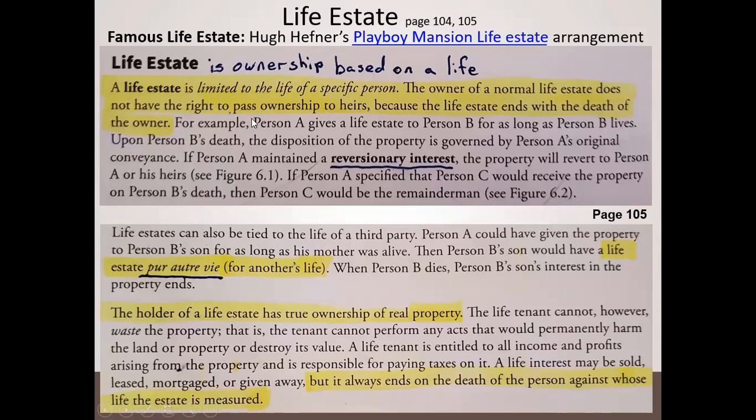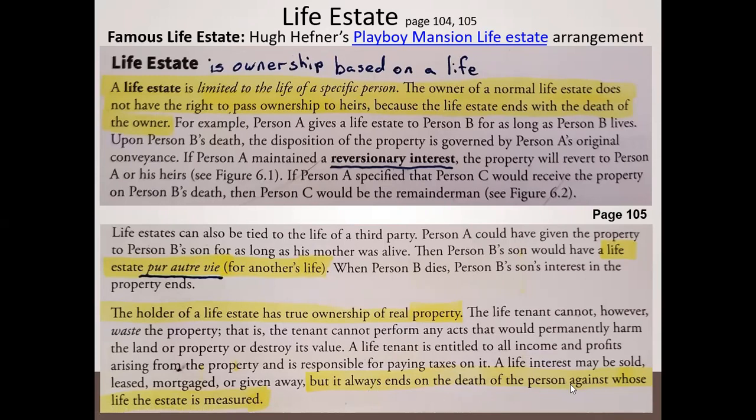So life estate, the ownership is based on the life of a person it's given to. And on page 105, let's highlight life estate pour autre vie, for another's life. So the holder of a life estate has true ownership of that real property for as long as they're alive.